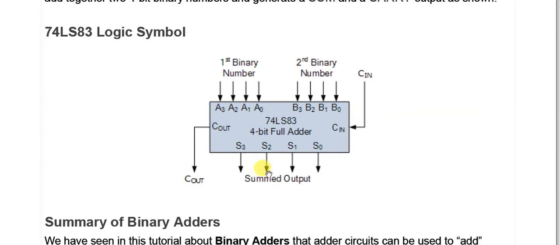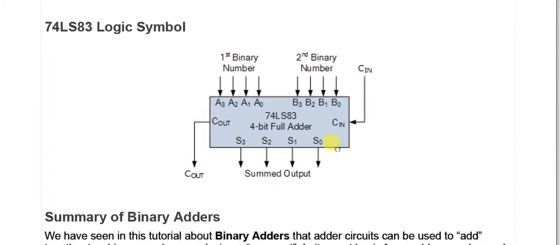You can see 4 pins for the first binary number input, 4 pins for the second binary number, 4 pins for the sums S0 to S3, 1 pin for the C in and 1 pin for the C out. So that's how it is. The IC has the 4-bit full adder circuitry pin connection.